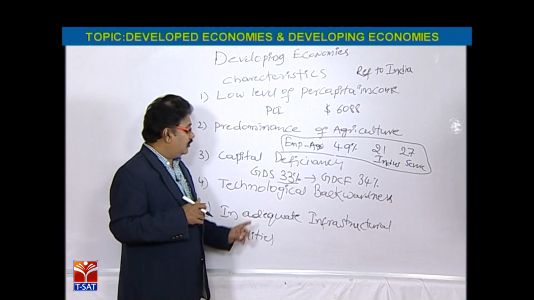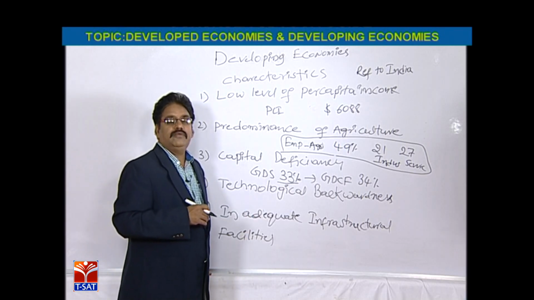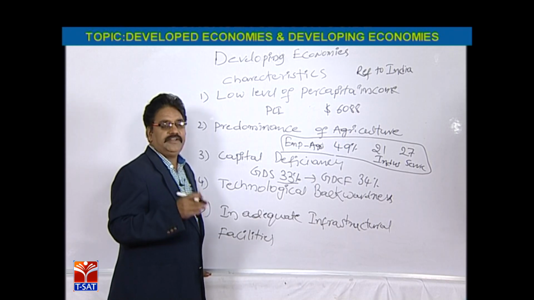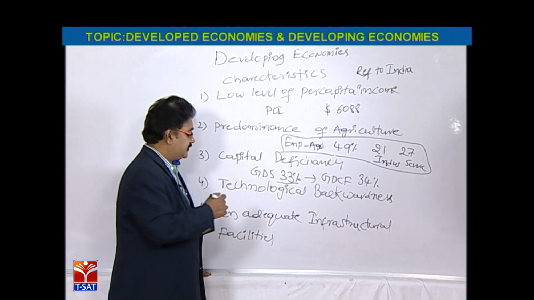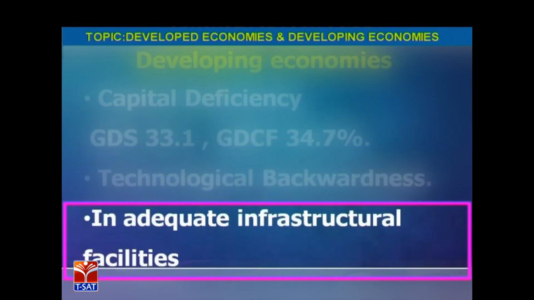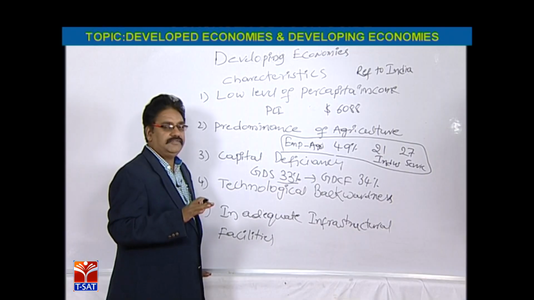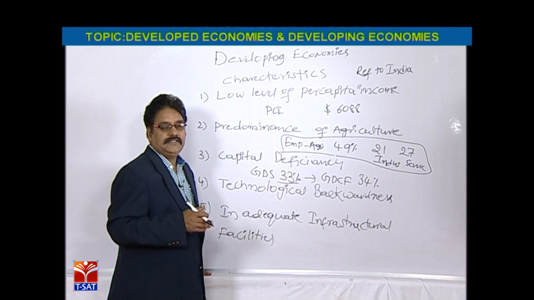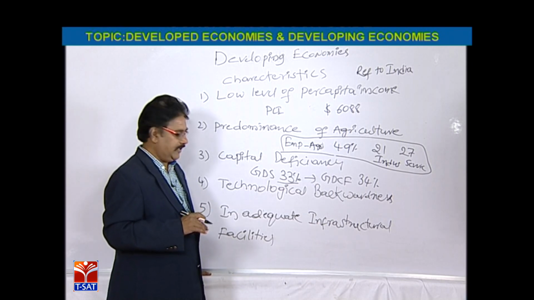That is why we are lagging behind in technological progress. We observe this technological backwardness in developing economies. Some industries use advanced technology, but not all industries do, and most industries and other production processes use old techniques only.